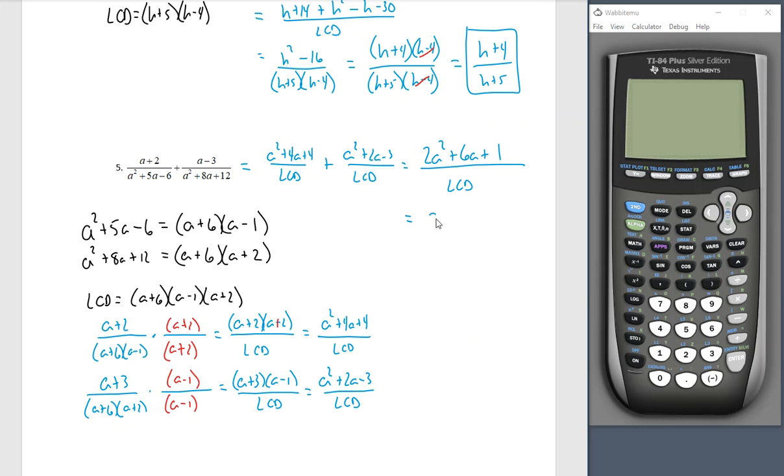And to rewrite my answer, I rewrite it with my denominator in place, a plus 6, a minus 1, and the a plus 2. Now, I happen to know that this numerator doesn't factor into anything meaningful.